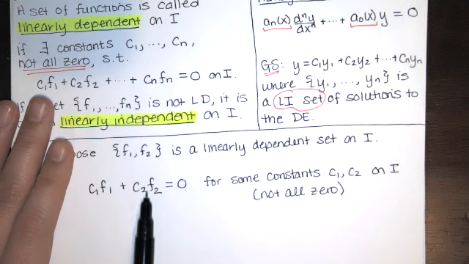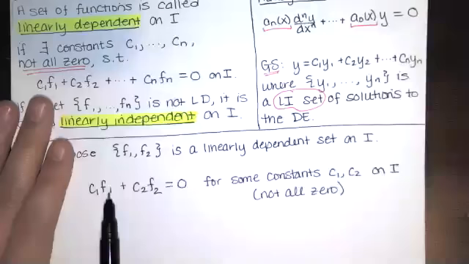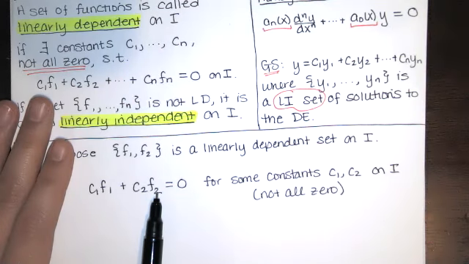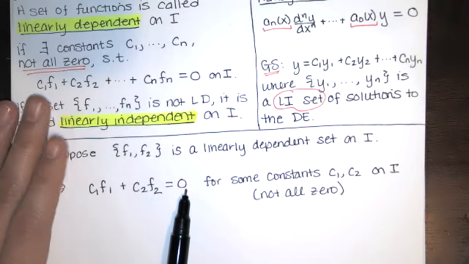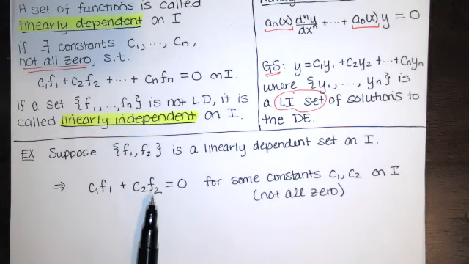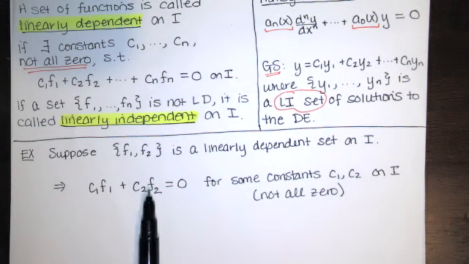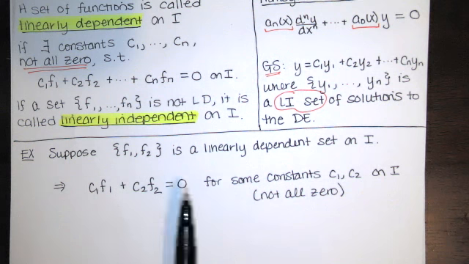Well, if C2 is 0, we'd have to have C1 equal 0 in order for this times a non-zero function plus this times a non-zero function to be 0. Okay, so what that means is that C1 and C2 must both be non-zero. The only way for this to work is for C1 and C2 to be non-zero.